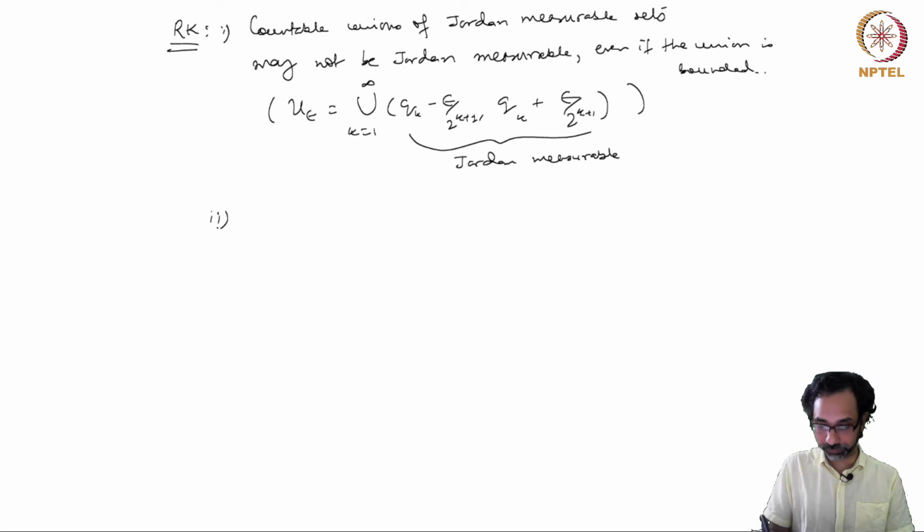Second one is that closed bounded sets may not be Jordan measurable.